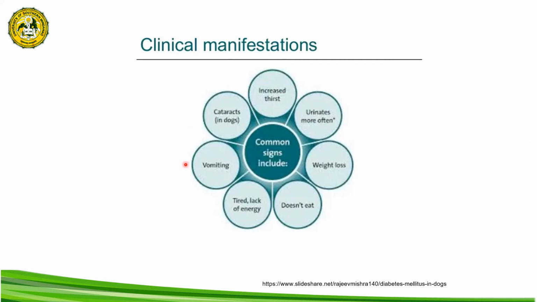So these are the other clinical or the common signs of diabetes. Again, there is an increased thirst that is technically termed as polydipsia, polyuria, weight loss, decrease in appetite, tiredness and lack of energy or fatigue, vomiting, and cataracts, especially in dogs.